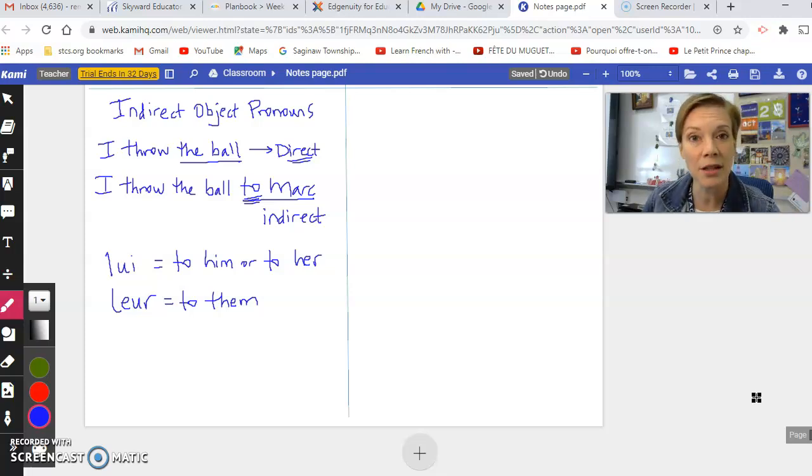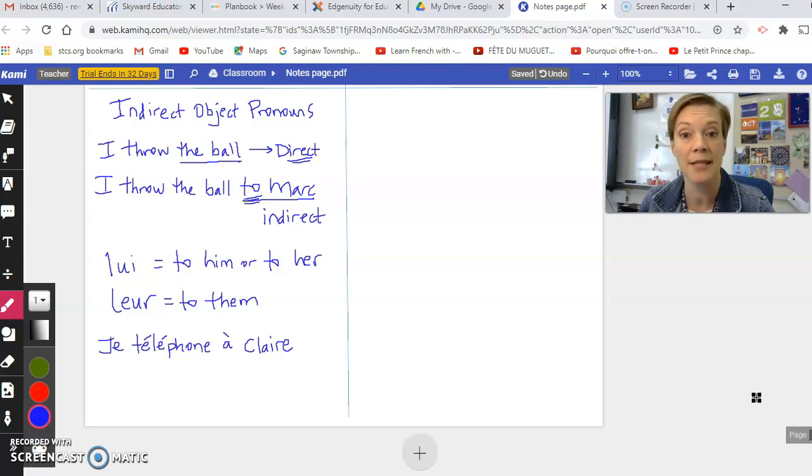What does this look like in a sentence? Well, let me show you. Je téléphone à Claire. This is the difference between a direct object sentence and an indirect object sentence. It's the word to. Remember, lui means to him.